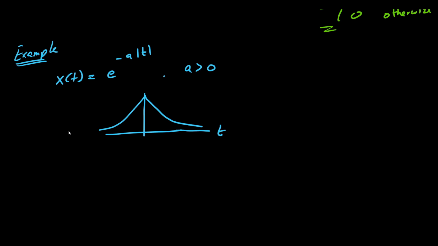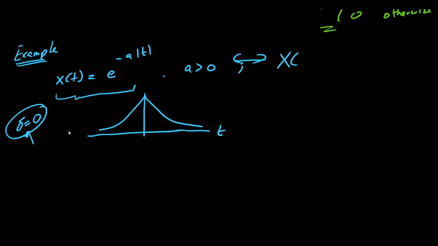And since it follows the Dirichlet conditions, setting sigma equal to 0 in the Laplace transform converts the Laplace transform to a Fourier transform, and the Laplace transform of this is given in my earlier video. So by applying just sigma equal to 0, we have the Fourier transform x of omega, that is 2a over a square plus omega square.